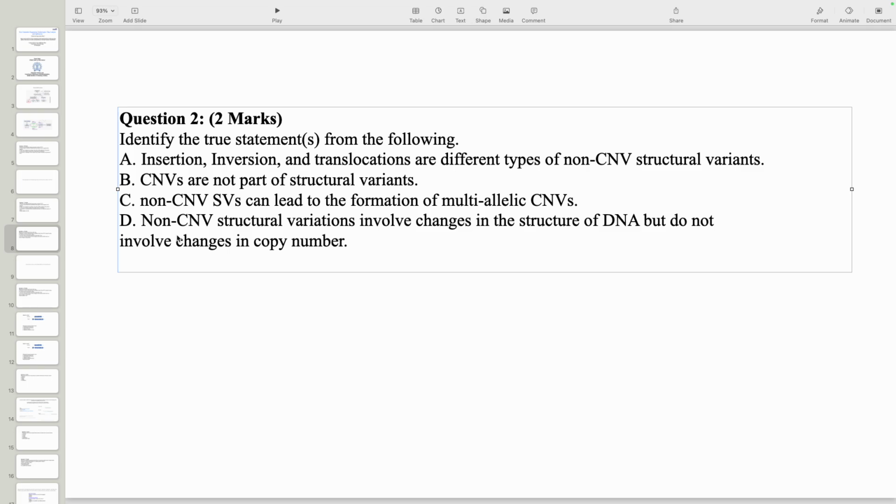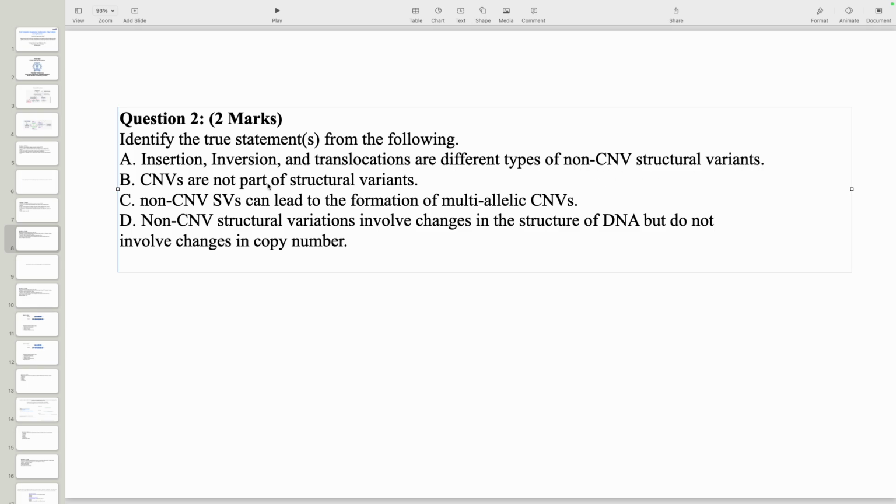A and D are correct options. So A states insertion, inversion and translocation are different types of non-CNV structural variation, which is true. When there is insertion or inversion or translocation, they result in a different genome orientation when we compare to our reference genome, which is a part of non-copy number structural variants.